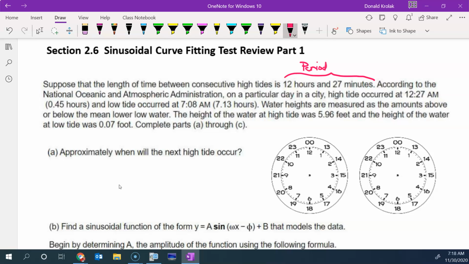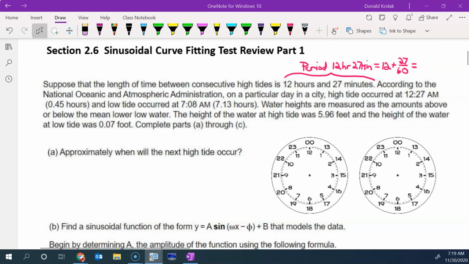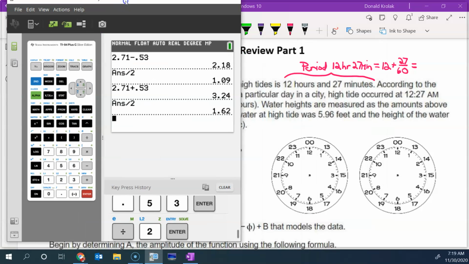Okay, now to turn that into a decimal, 12 hours, 27 minutes. What I'm going to do to write it as a decimal is say 12 hours, 27 minutes is going to equal 12 plus 27 divided by 60. And that's going to convert it into a decimal. So on your calculators, you're going to go 12 plus 27 over 60.